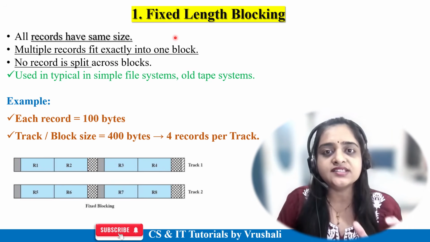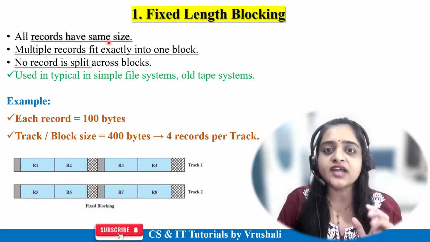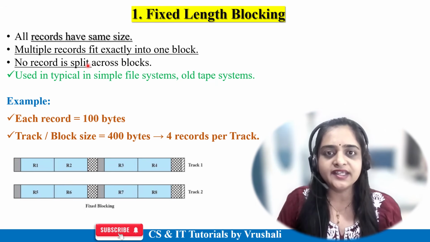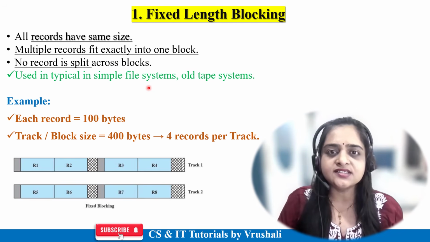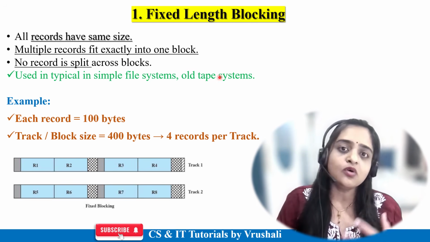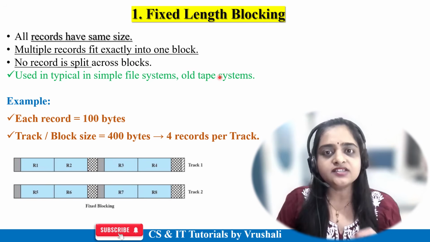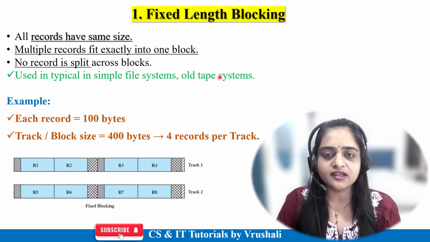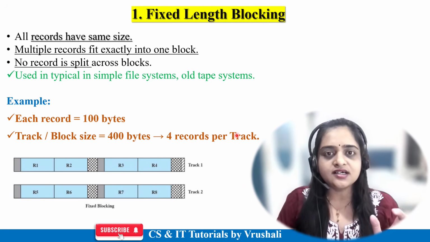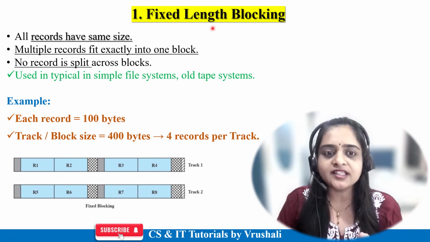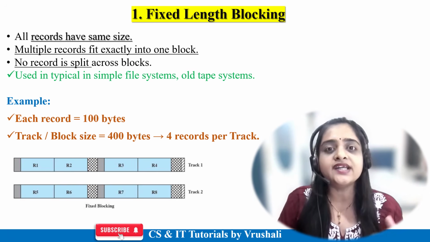This is called fixed length blocking. All records have the same size and there is no splitting. This concept is generally used in some simple file systems and old operating systems. Nowadays we use variable length blocking. So just remember this concept: fixed length blocking means a fixed size of records on every track.